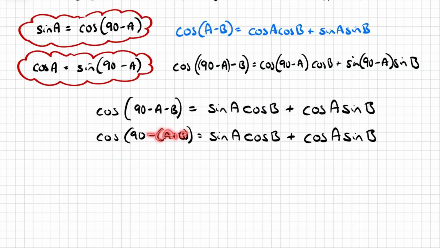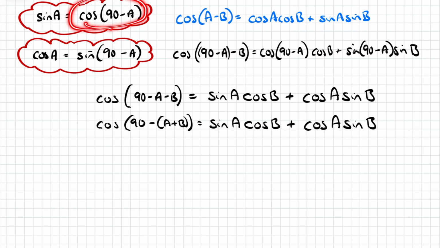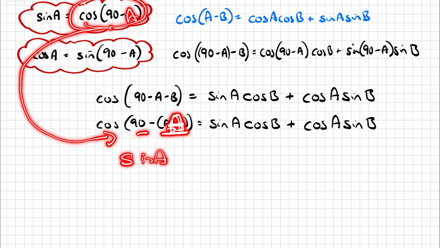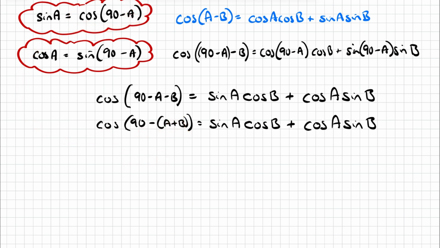Now, again, this is this rule sneaking in again, because if you take a look, it's 90 minus a symbol A here, but if I call this A, for example, it's 90 minus A, which would make it sine A. But effectively here, what I'm doing is I'm making it sine A plus B, because this whole thing, 90 minus A, pretend this is just the letter A, then that would become sine A. But instead of being just A, it's going to be sine A plus B. And it's quite a leap.